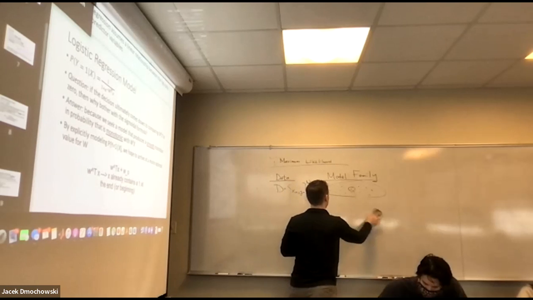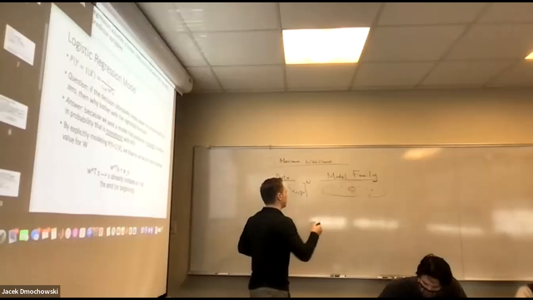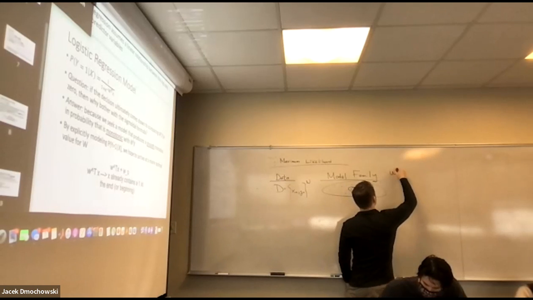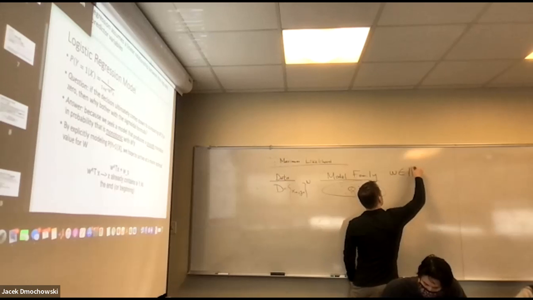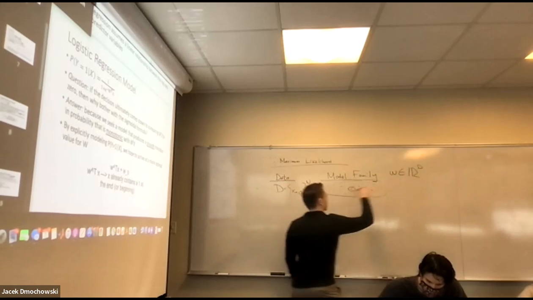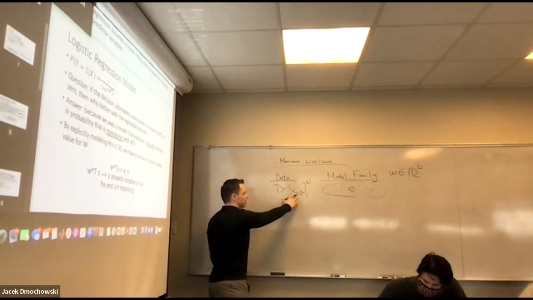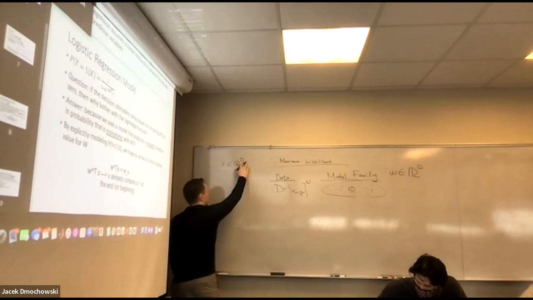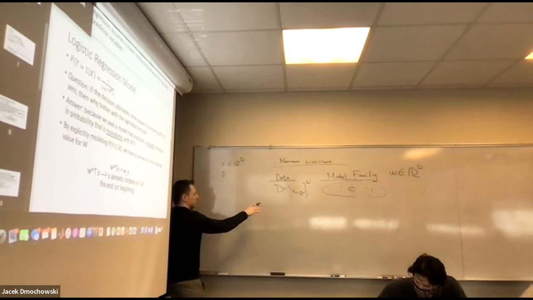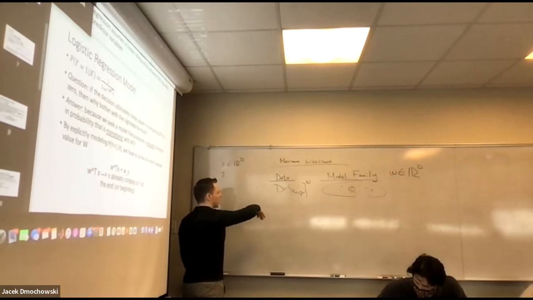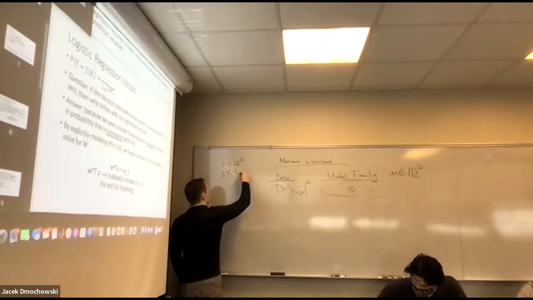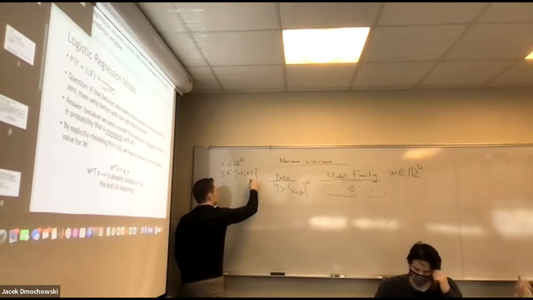So this is our data, and the question is, what is our model family? Our model family in this case is the set of all possible weight vectors in the d-dimensional Euclidean space, where d is the dimensionality of x. So x is a d-dimensional random vector. For the sake of the maximum likelihood equations I'm going to derive here, we're going to say that our target variable is either +1 or -1.